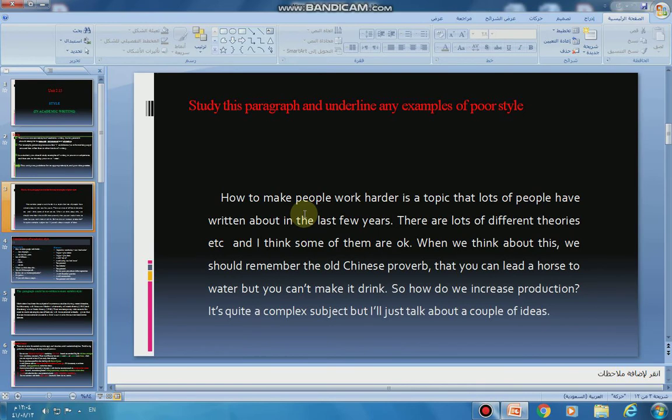So, to start with, let's have a look at this paragraph. Imagine someone had written a paragraph like this one here.